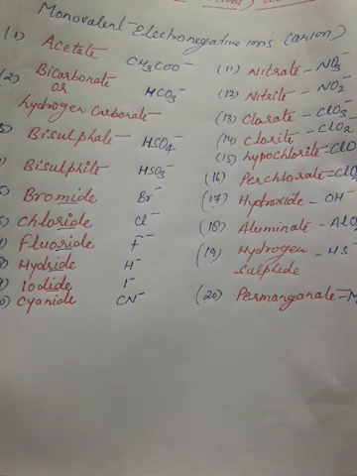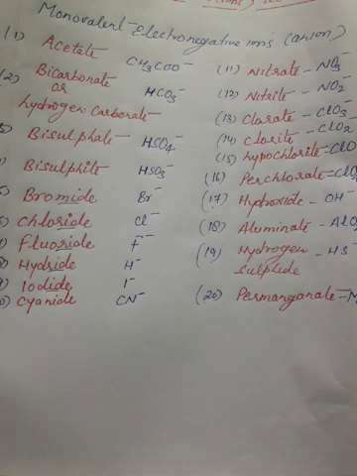Then hydroxide, you already know, this is also known as hydroxyl, OH. Then aluminate. The suffix ate means oxygen is present. Aluminium you already know. Aluminate AlO2, monovalent. Then hydrogen sulfide, also known as bisulfide.